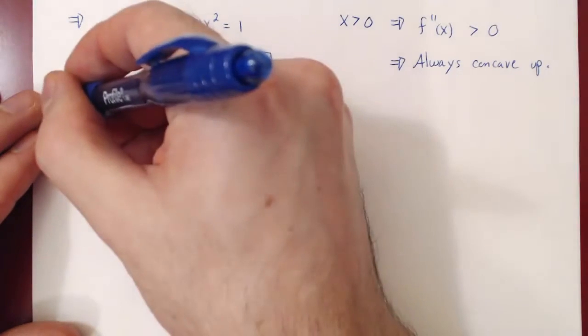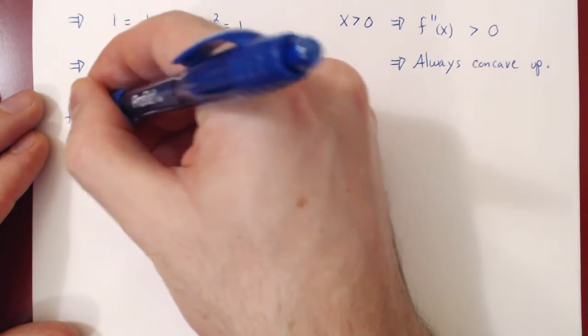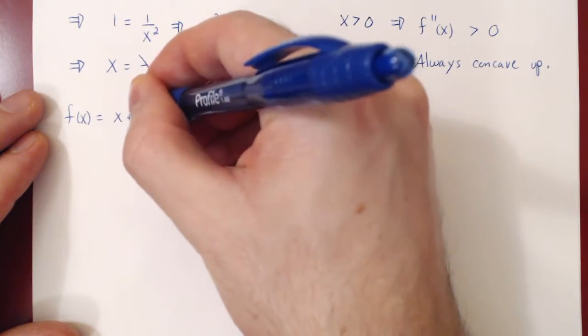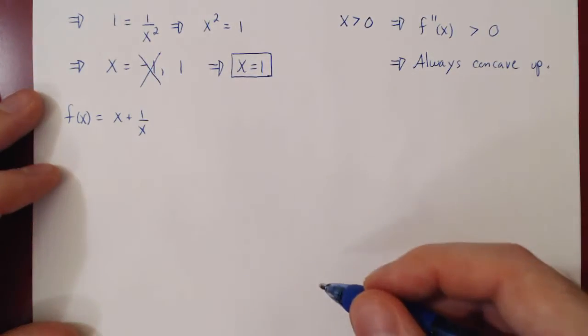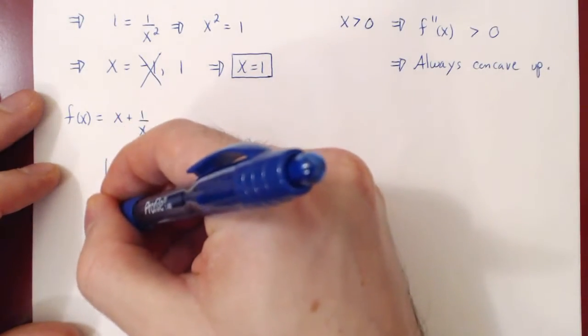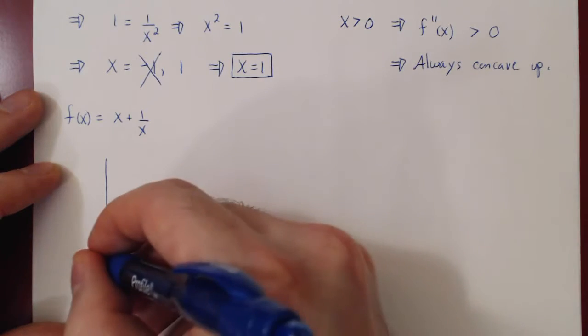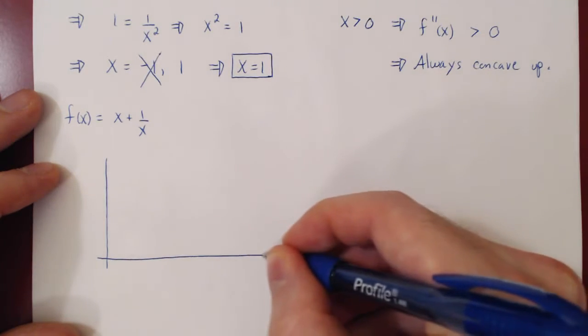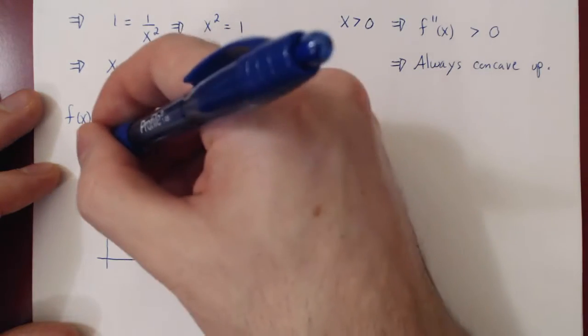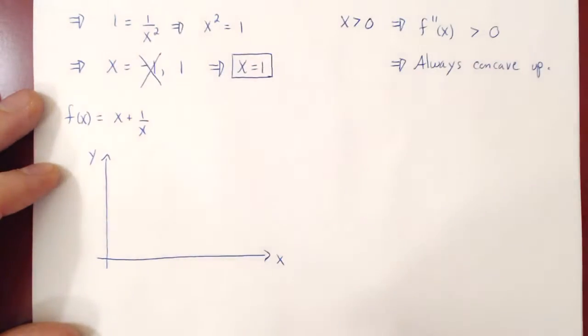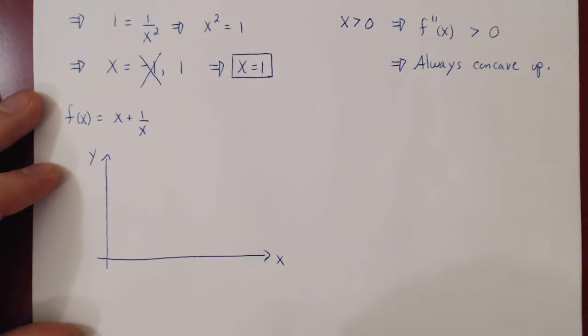Let's recall that f of x was simply x plus 1 over x. So we only consider the positive real axis, as our range of x values is for positive real values.